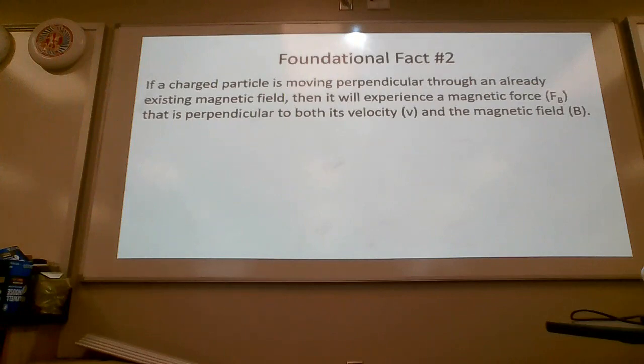Foundational fact number 2 says this: if a charged particle is moving perpendicular through an already existing magnetic field, then it will experience a magnetic force that is perpendicular to both its velocity and the magnetic field. Clear as mud. Fact 1 was moving charged particles create a magnetic field.